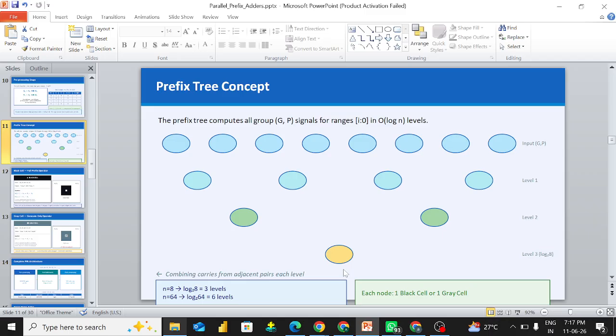One will be the sum and one will be the carry. But what do this sum and carry comprise of? They comprise of this input combination and this input combination, and those outputs are comprised of this and this, and like that it keeps on going, right? For one node there will be two outputs.